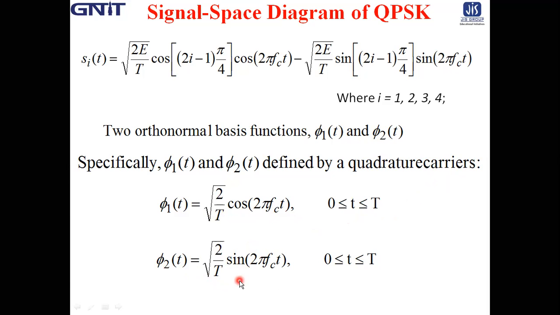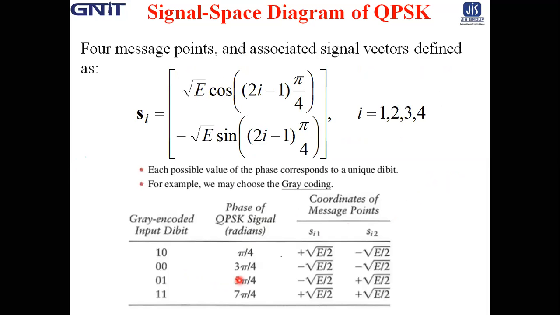So these are the two orthonormal basis functions. And there are 4 message points.